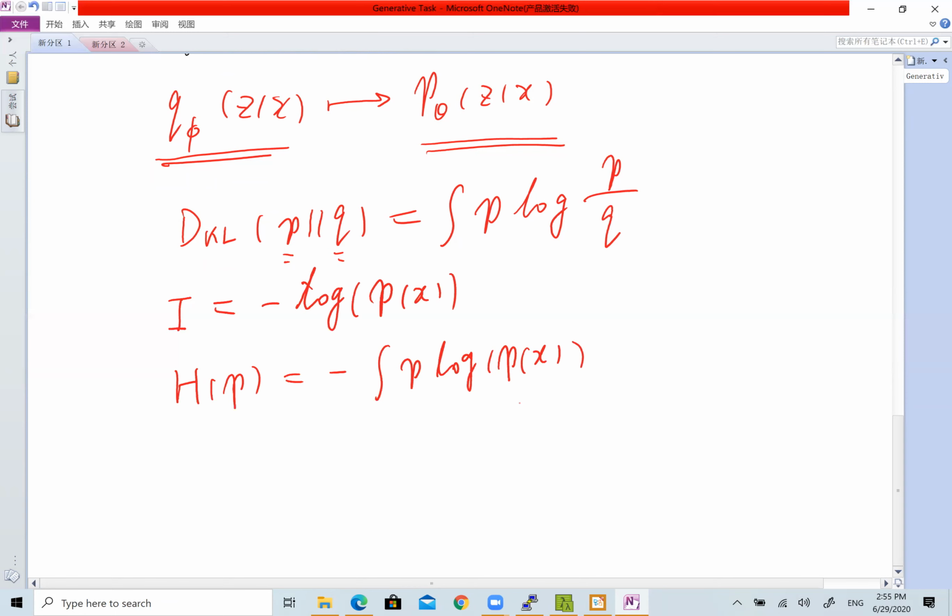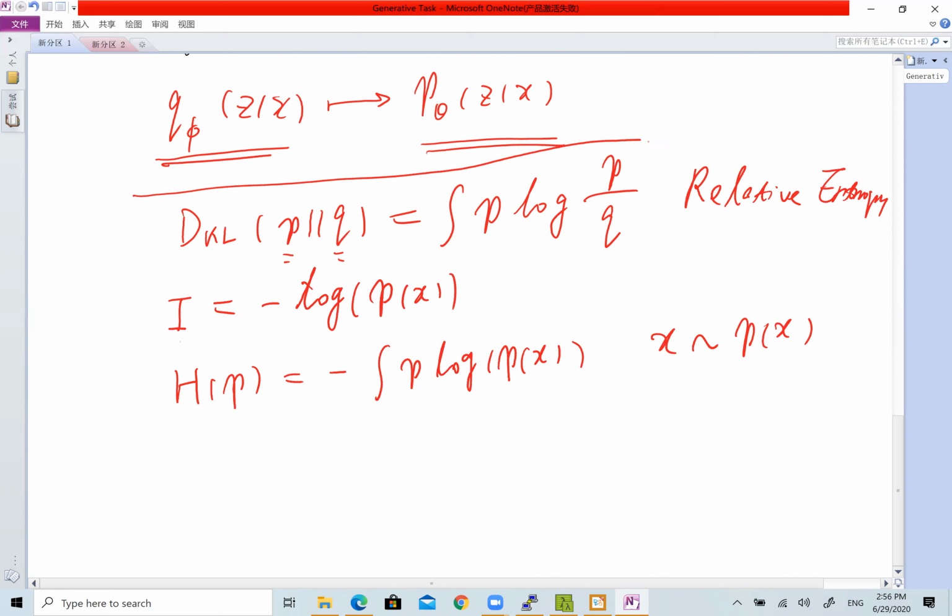So information is all about one single event, but entropy is about one class of events. This class of events is fulfilling some probability distribution function P of X. So you can calculate the entropy there. And KL divergence is the relative entropy. It's trying to provide you a distance between two different distribution functions, so how close these two distribution functions are.